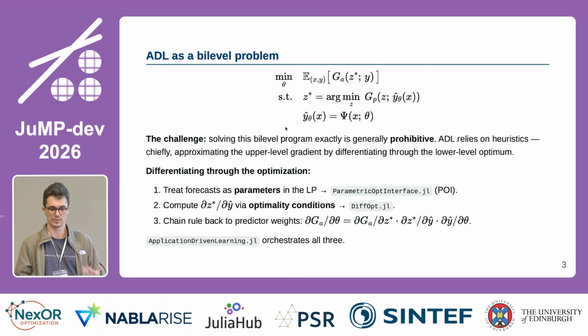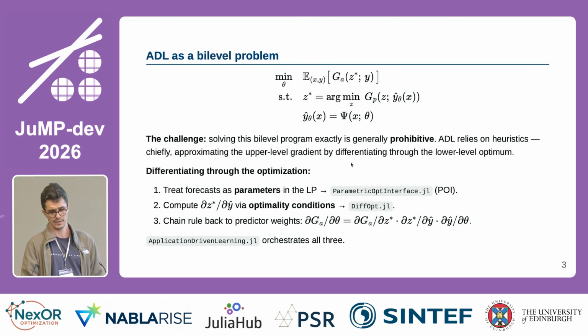So we are trying to rely on some heuristics for solving this problem. And our main one is trying to differentiate and give gradient information of this cost function to the forecast model.